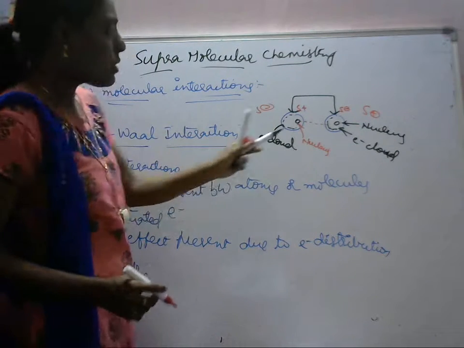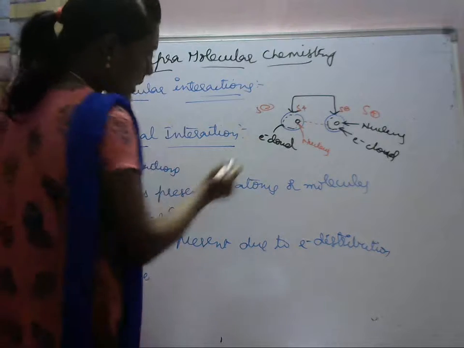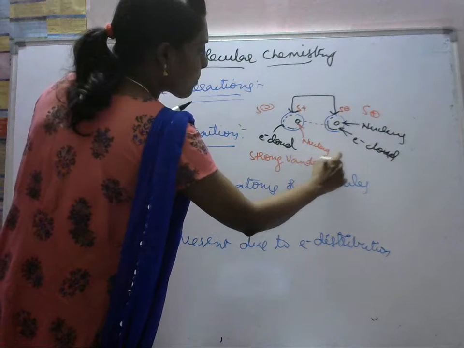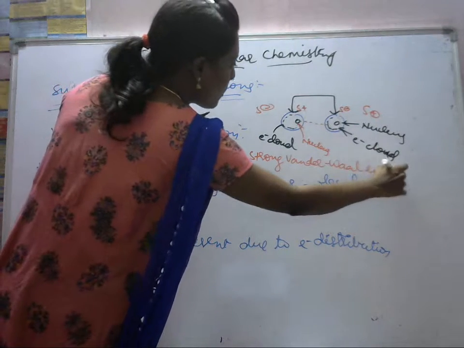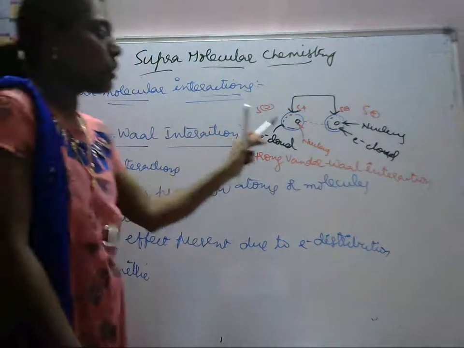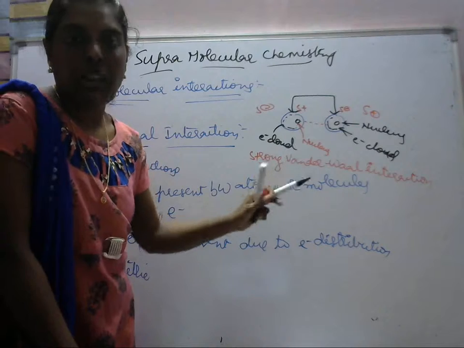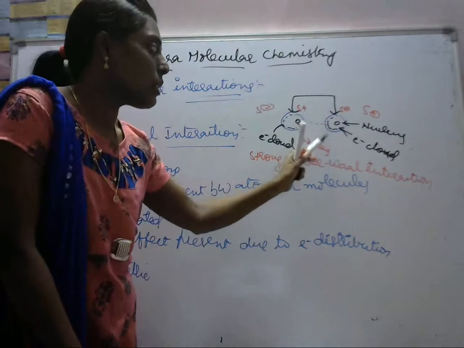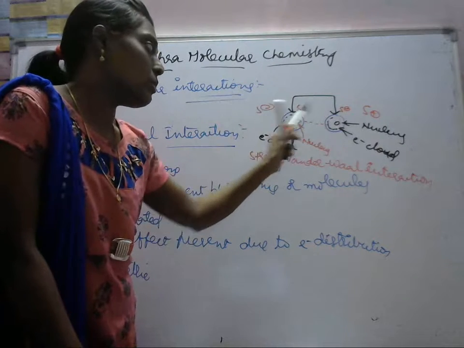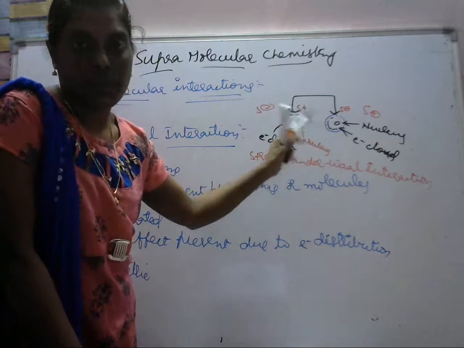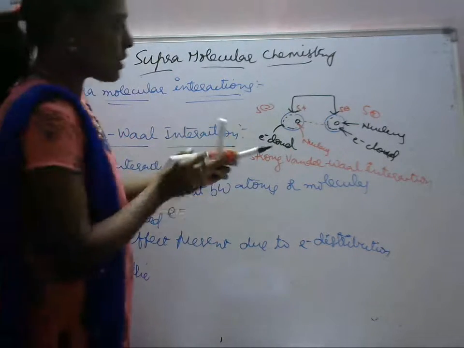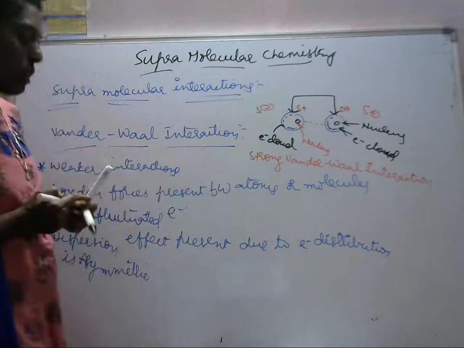So this is the strong van der Waals interaction. If you see here, there is interaction between the nucleus of one atom and the electron of another atom. So that's why it is said to be van der Waals interaction. Here strong van der Waals interaction is present.